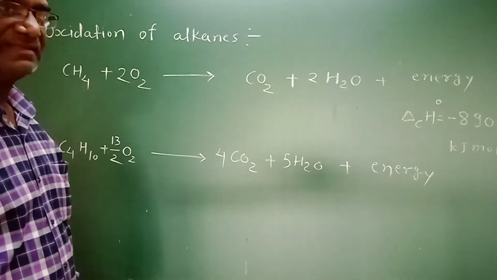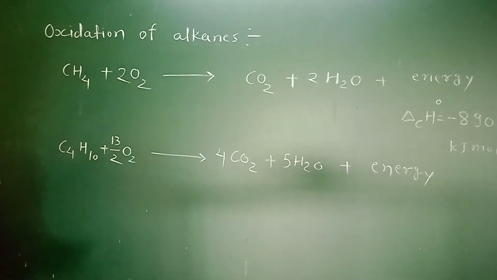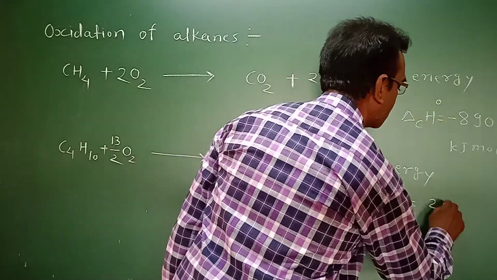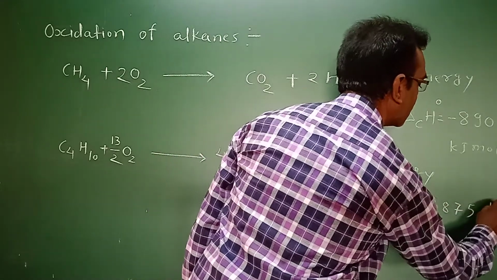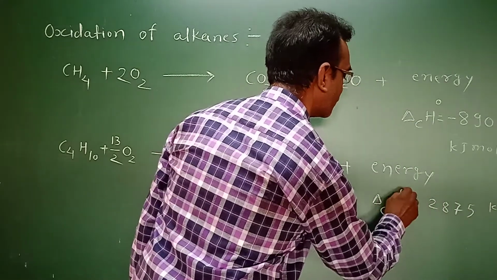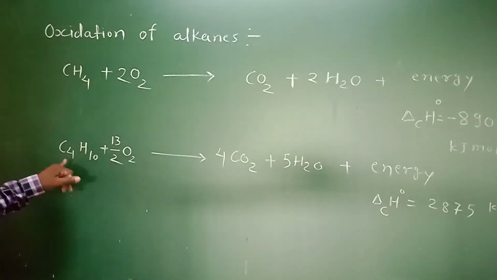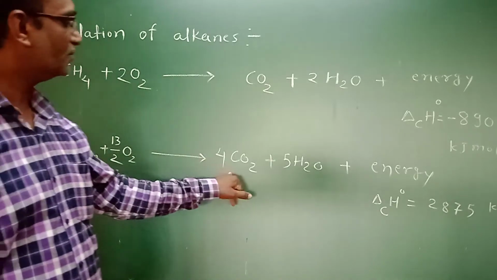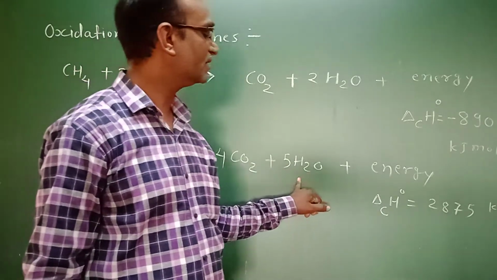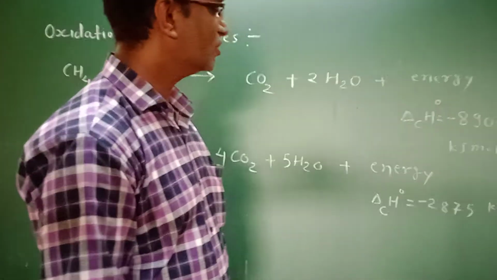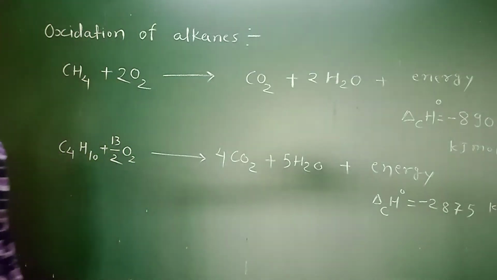You already know how to balance the reaction. That means when butane is burned in air, it reacts with oxygen to form 4 CO2 and 5 H2O molecules, and the energy given out is minus 2875 kilojoule per mole.